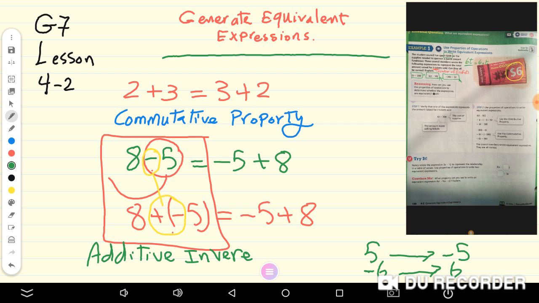So I have two properties until now. One, commutative, where I flip the numbers. Two, additive inverse. Try to count with me. Again, what next?